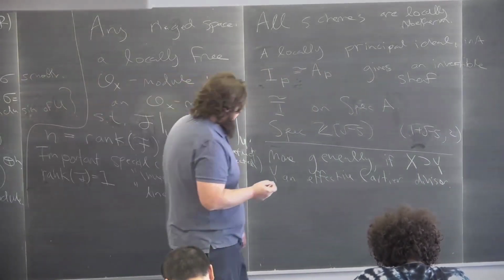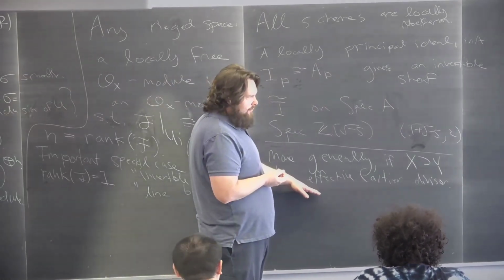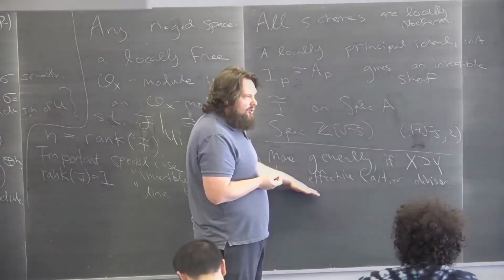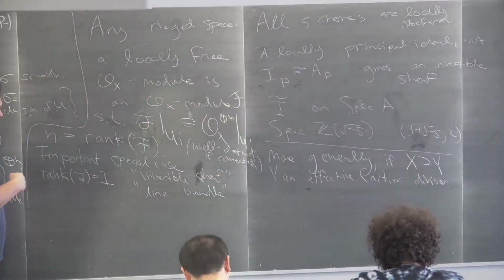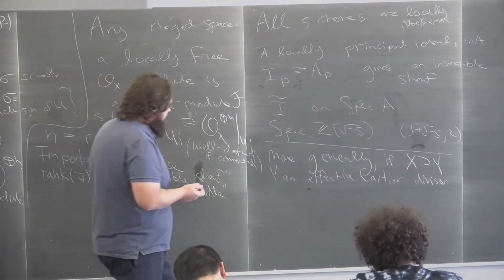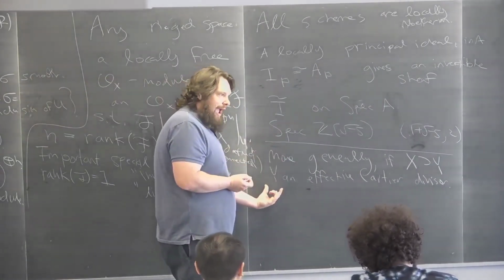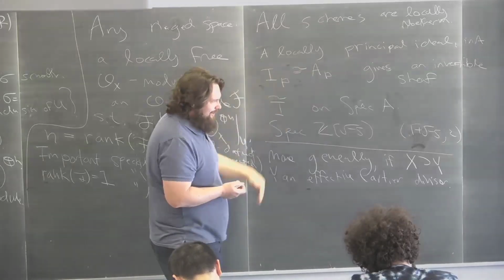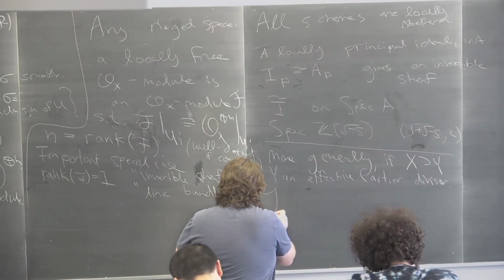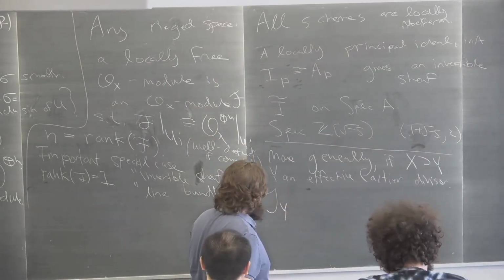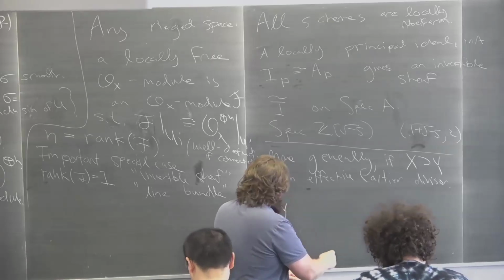This is a subscheme which locally looks like it's cut out by a single equation. So when I restrict it to an affine subset, I get a locally principal ideal. Then the ideal sheaf of Y is locally free.